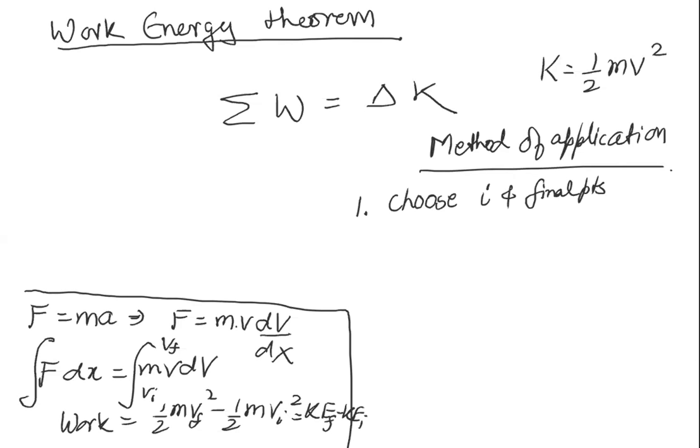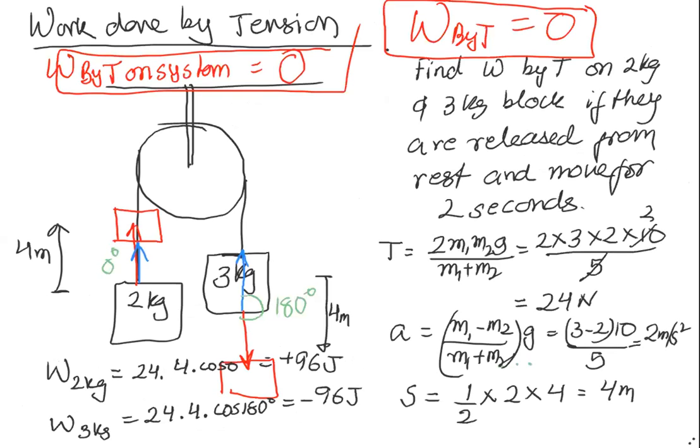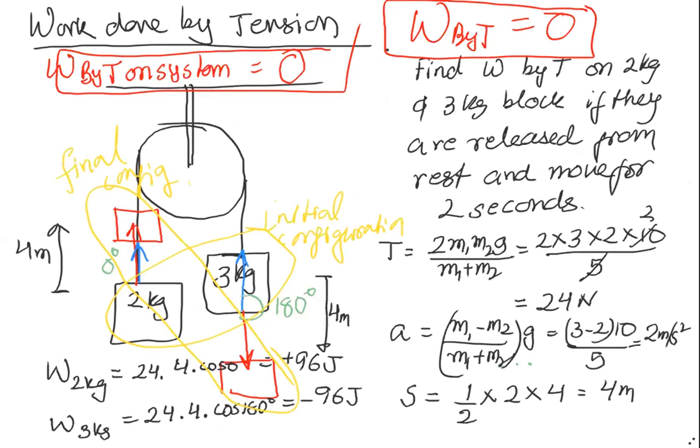If you have more than one particle, then you have to choose the initial and final configuration, right? For example, we chose the initial and final configuration here. So this represents the initial configuration of the system, and this represents the final configuration of the system. Right? So if you have only one particle, what is its initial position and final position, the work is done.